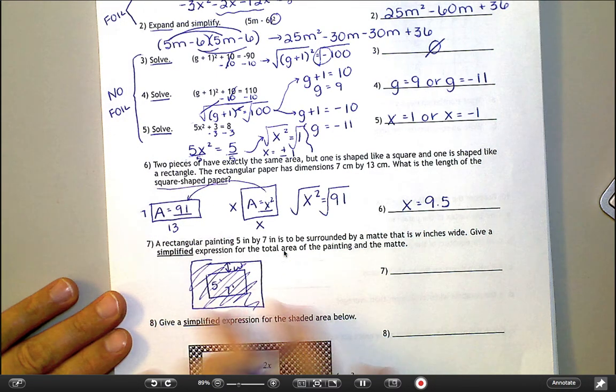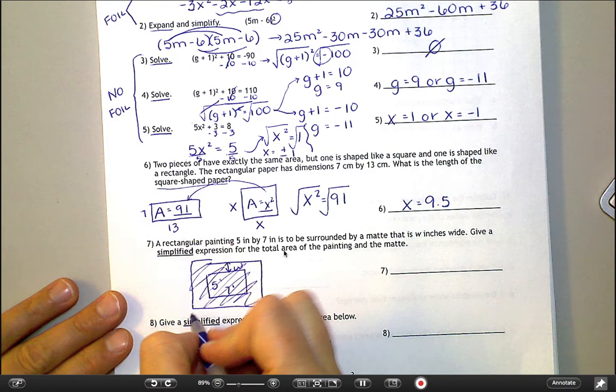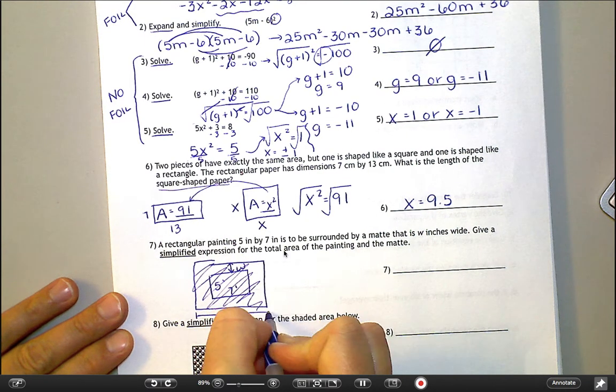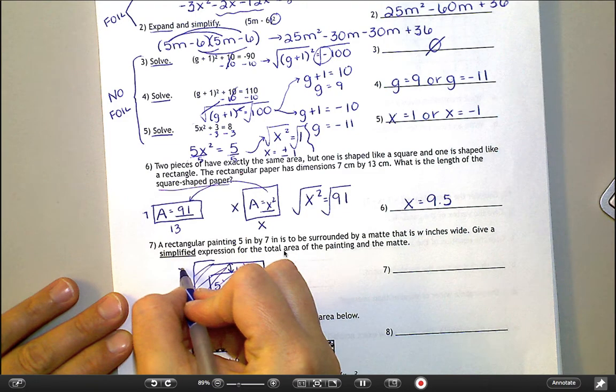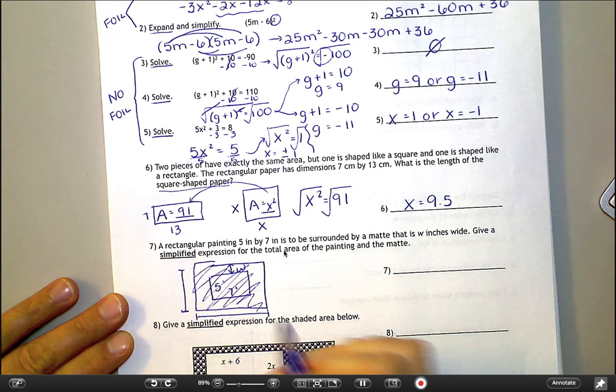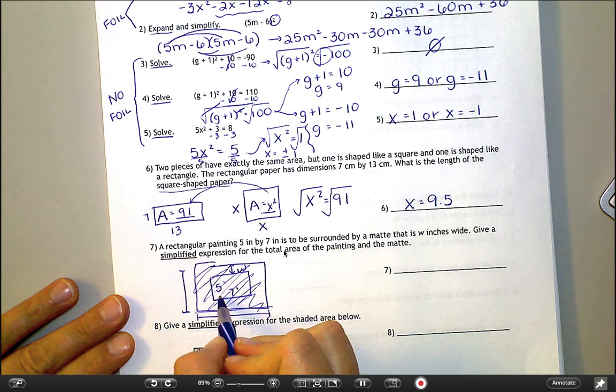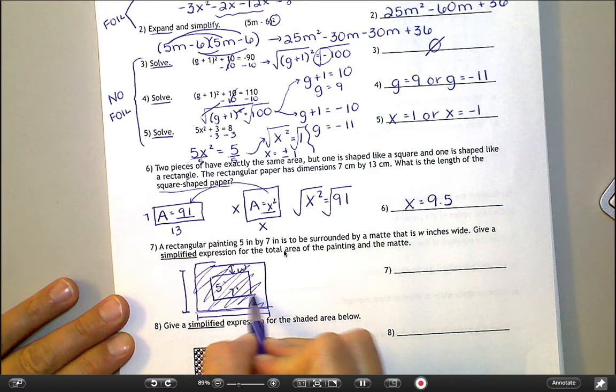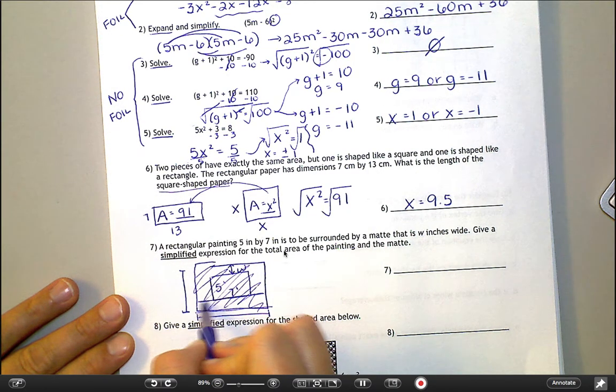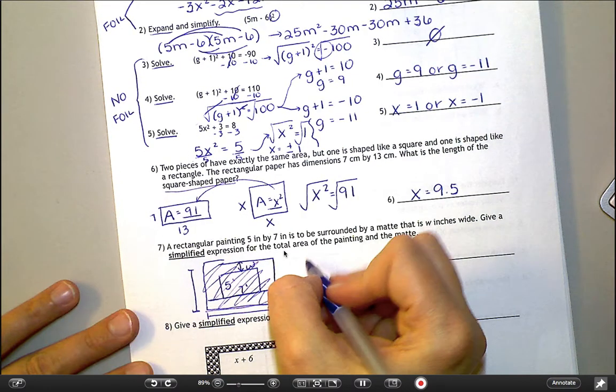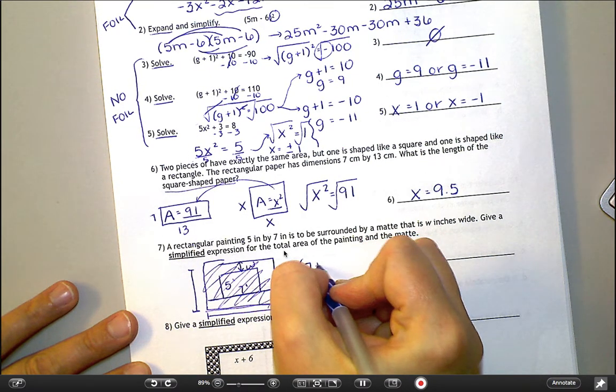Well, this is just a rectangle, right? And so I can get area by just doing length times width. And my length is just going to be the 7 inches plus a W plus a W. So that's going to be 7 plus 2W.